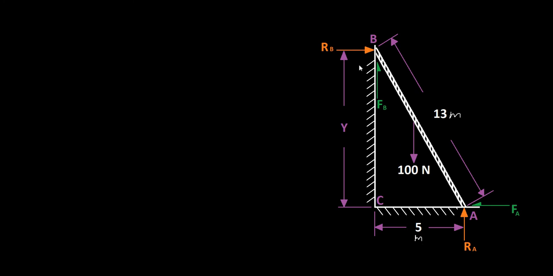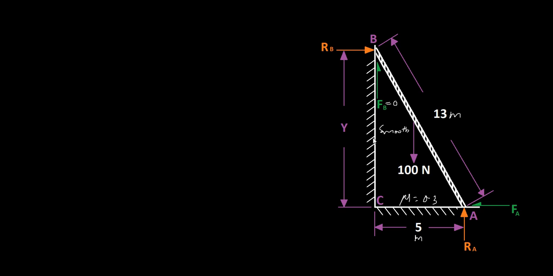So for the equilibrium of this, let's say this surface has a coefficient of friction of 0.3, and let's assume this is a smooth surface, which means there is no coefficient of friction on this surface. That means the frictional force on this surface will be 0.